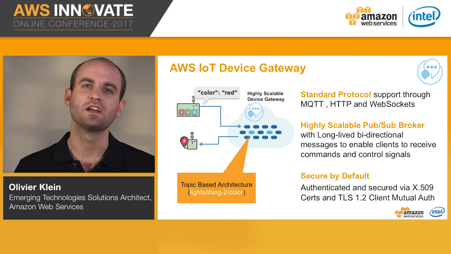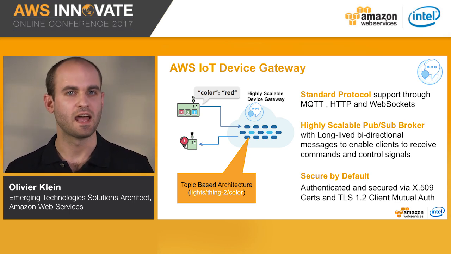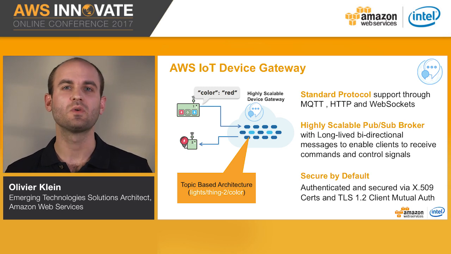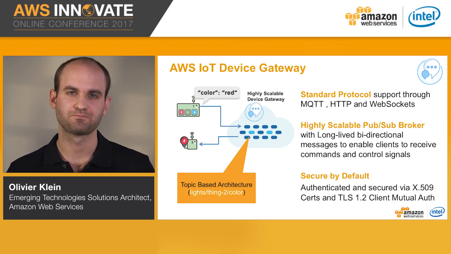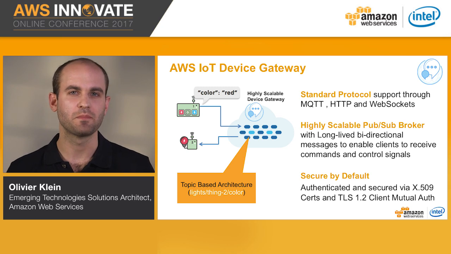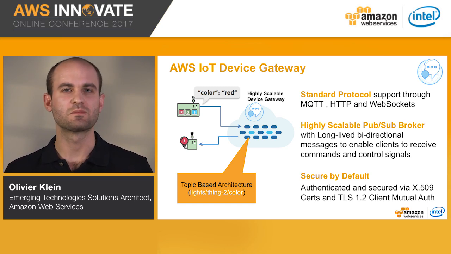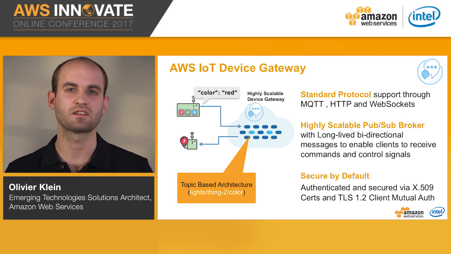The device gateway uses standard protocols to talk to the devices. You can choose from MQTT, an extremely lightweight protocol which works well on lower bandwidth connectivities, HTTP, or WebSockets. The device gateway is designed as a highly scalable pub/sub broker so that you can subscribe to various topics and publish messages to others.